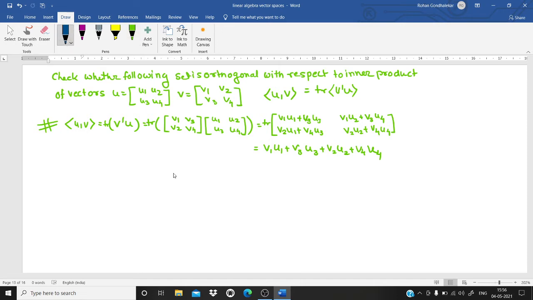Fine. Now the first set which I am going to give you is 1, 0, 0, 0, and the second element is 0, 2 by 3, 2 by 3, minus 2 by 3.